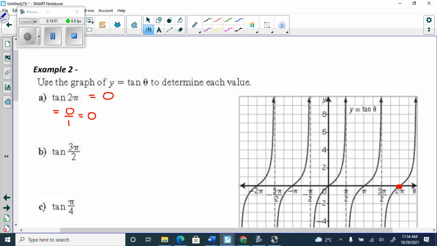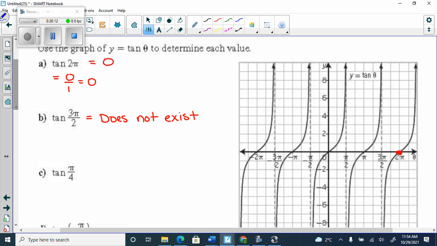It's just a way to represent the unit circle over an x value, drawn out. Tan at 3 pi over 2 does not exist. It doesn't exist because what does that create on an actual graph? A vertical asymptote.